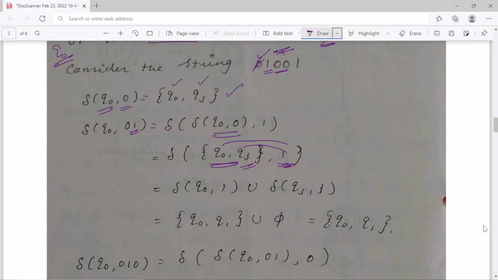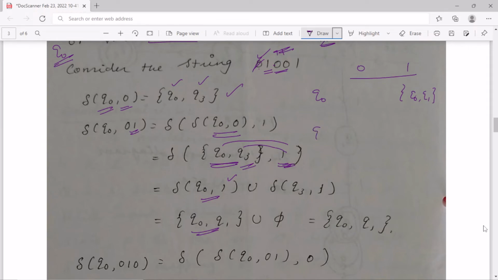Delta of Q0 comma 1 means you are at state Q0 reading 1. Leave the 0. In Q0, if you read 1, in the transition table we have Q0 and Q1. So after reading 1 you have 2 possible states, Q0 and Q1.